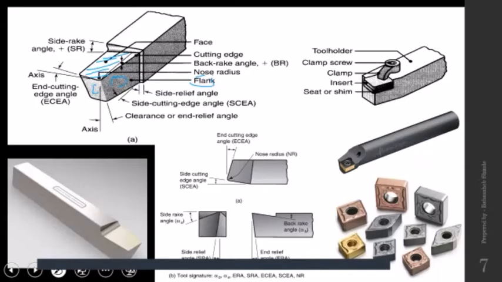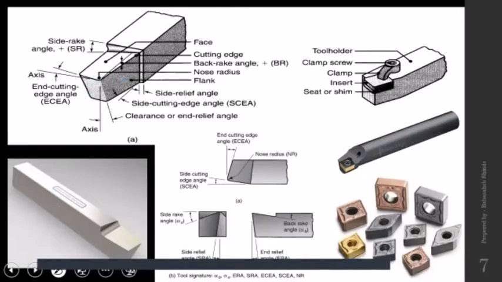Actually, clearance is required on this face as well as this face, because those two faces are not supposed to contact the workpiece. The contact has to be only of this point. Only this point has to be in contact with the workpiece. Except that, everything has to be away from the workpiece. So those two faces are going to decide that clearance.